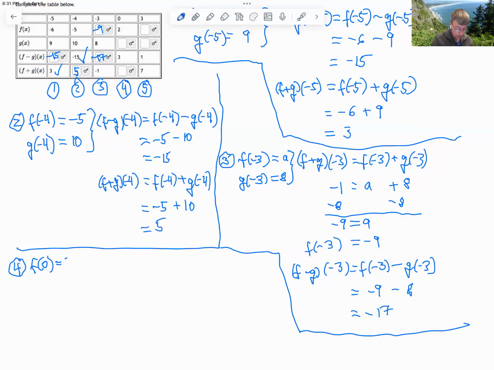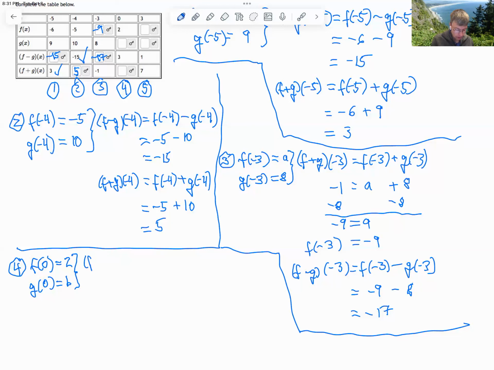So we know this time f of 0, but we do not know g of 0. And since we used A already, I'm going to use B now, again for no particular reason other than that's the next letter. So this time I'm going to start with f minus g because we are given a number.